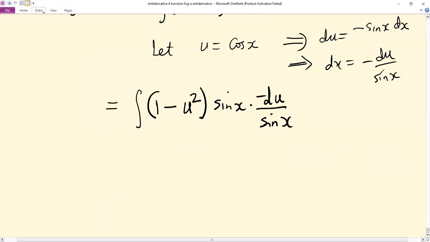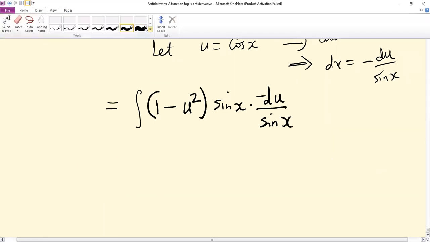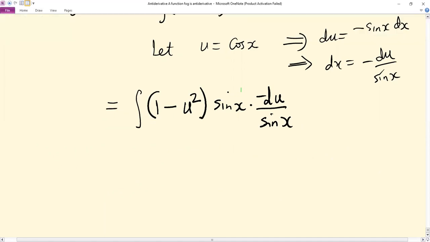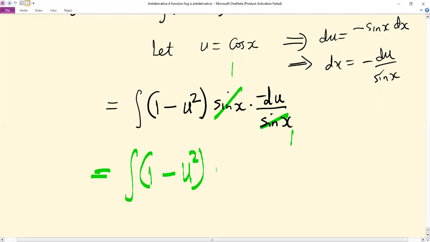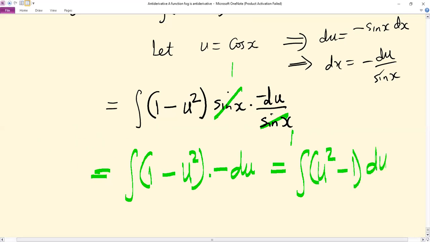You see, by doing that, sine x and sine x cancel out. So we have the integral of 1 minus u squared, and then negative du. Multiplying by the negative, we'll have the integral of u squared minus 1, and then du.